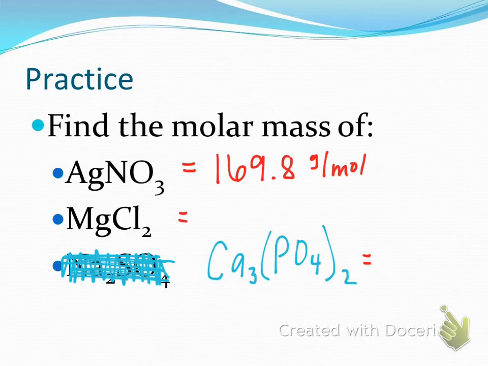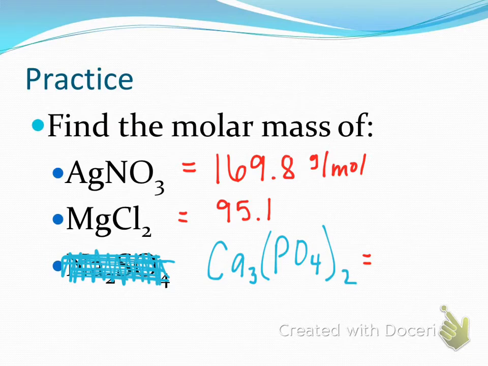Good. Second one. Trey, what'd you have? 95.1. Are we in that ballpark? I had 95.3. I kept magnesium at 24.3. I kept chlorine at 35.5. Were we somewhere around there?